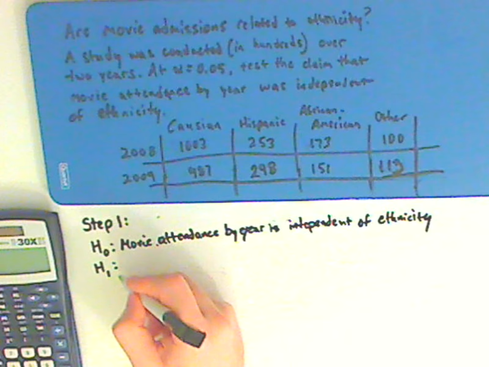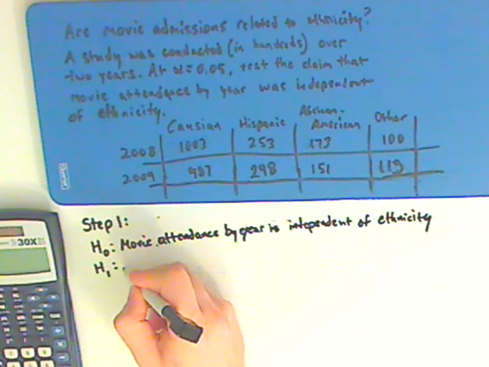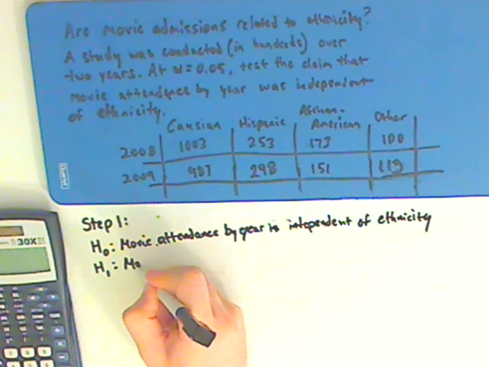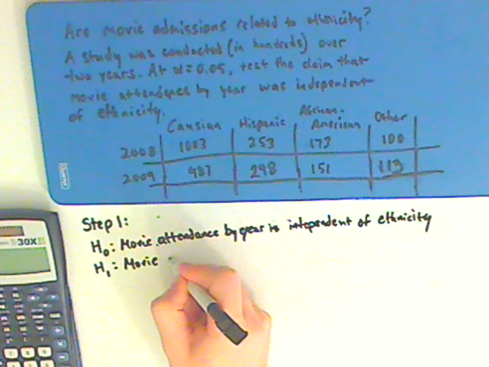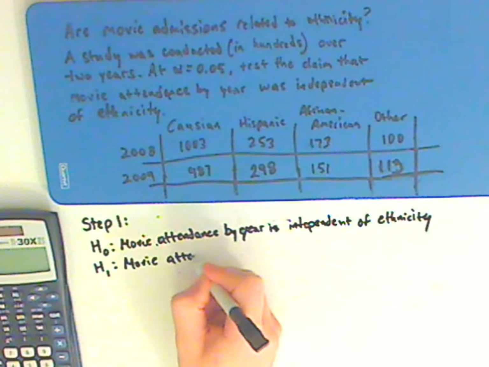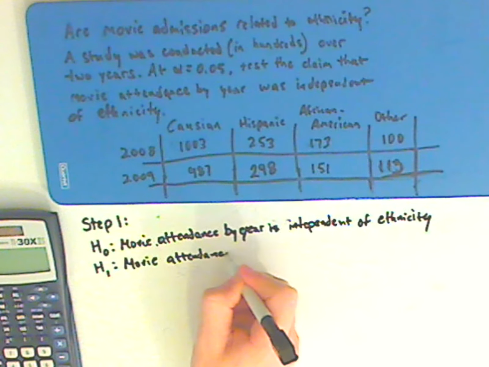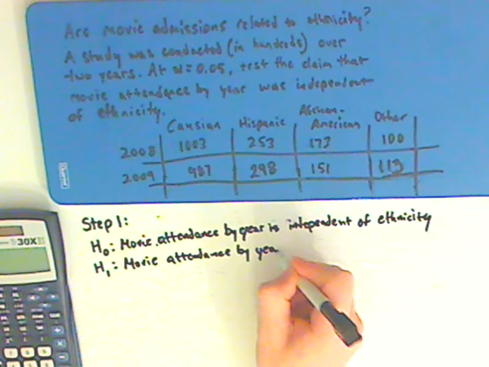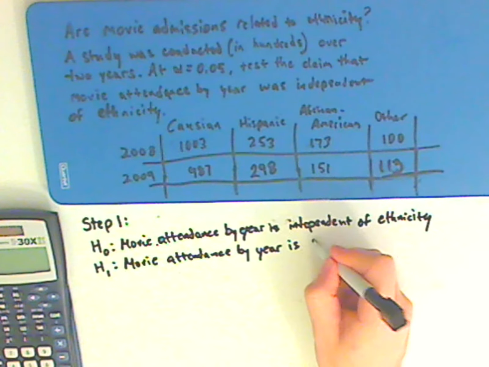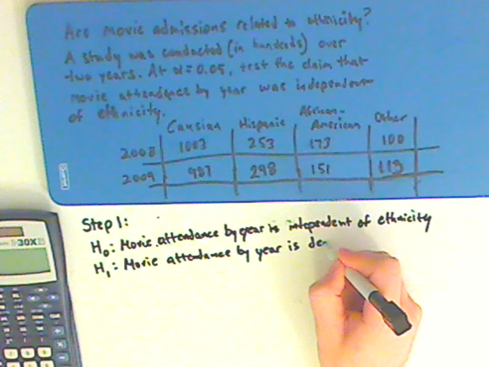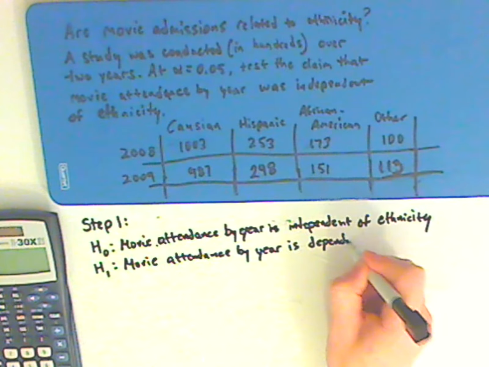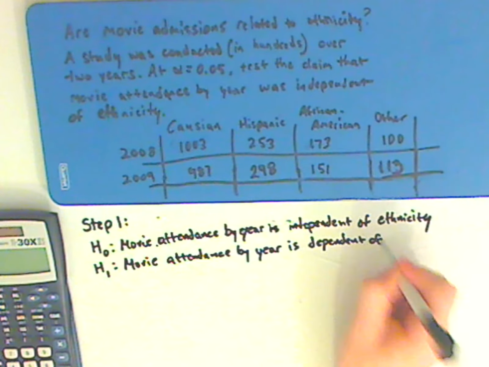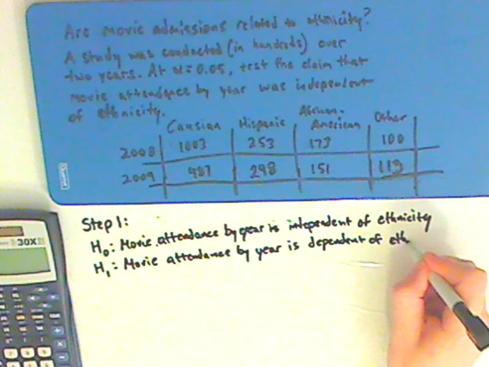And your alternative hypothesis is when they are dependent. So movie attendance by year is dependent on ethnicity.